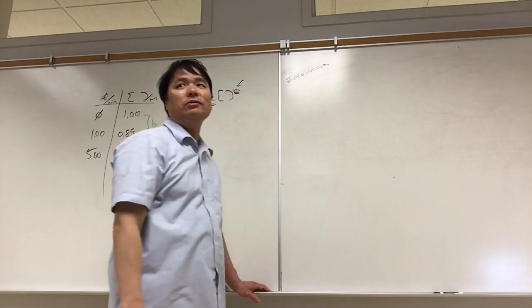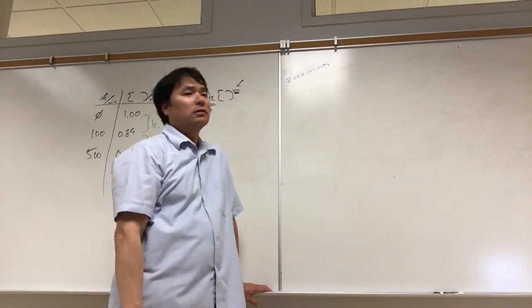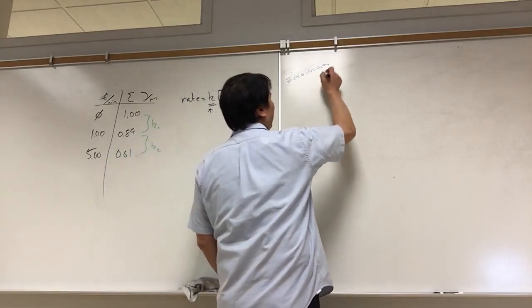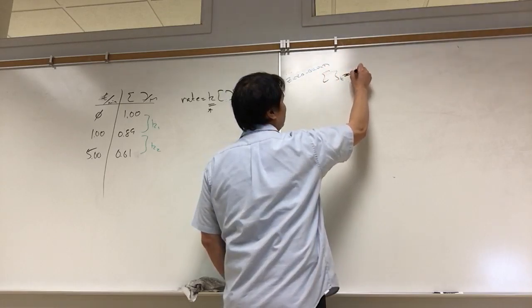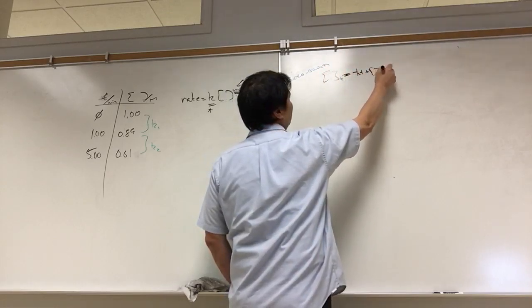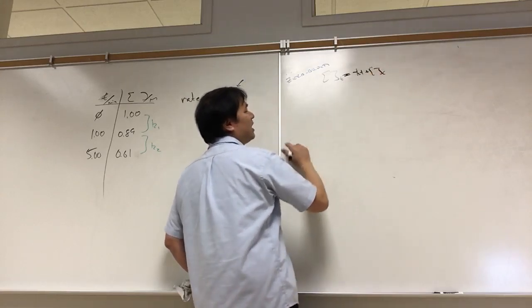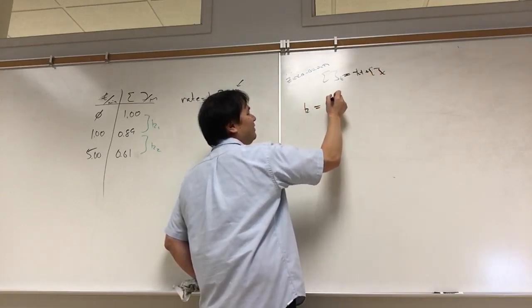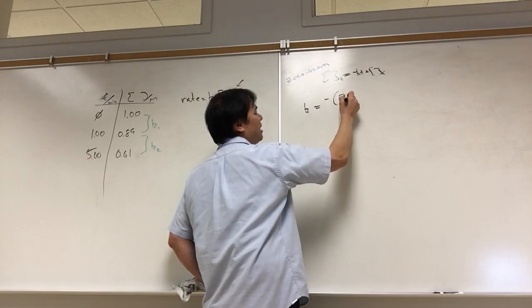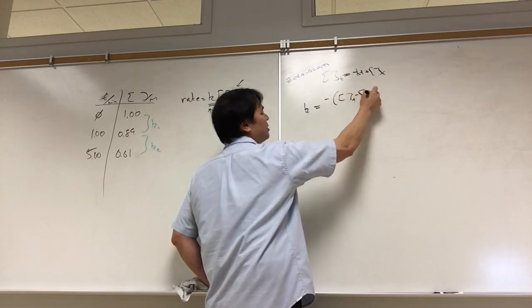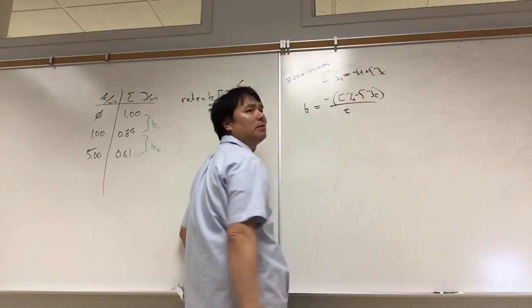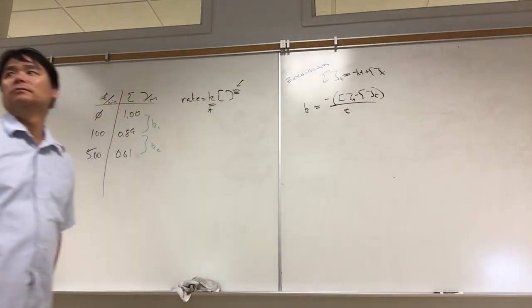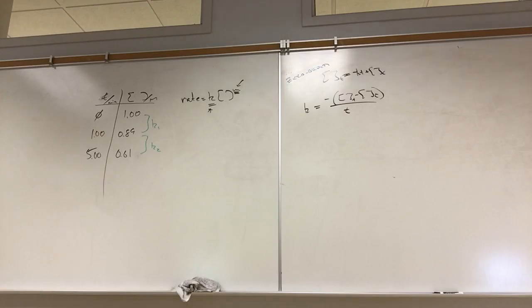What does K equal for 0 order? Well, concentration at time t is equal to minus kt plus concentration initial. And so solve this for K. We get K equals minus the concentration at time t minus the concentration initial, divided by t, the time interval. Not the time, but the time interval.